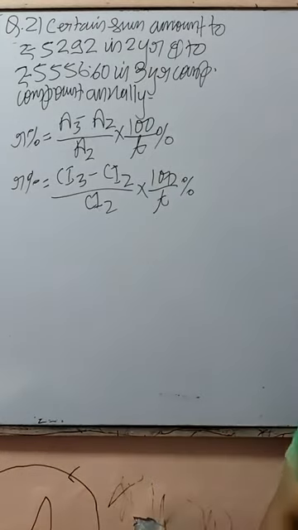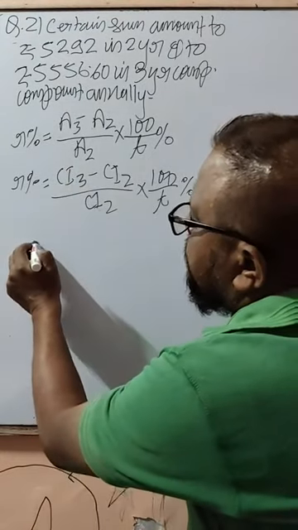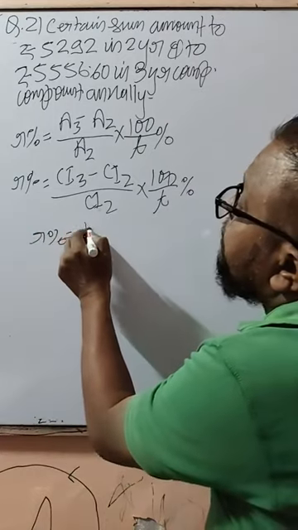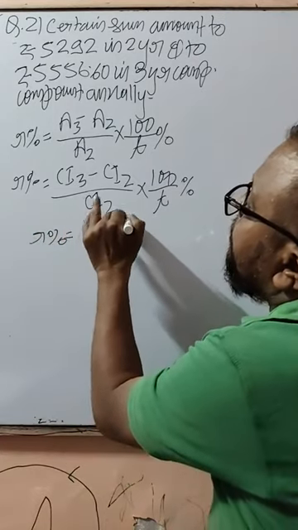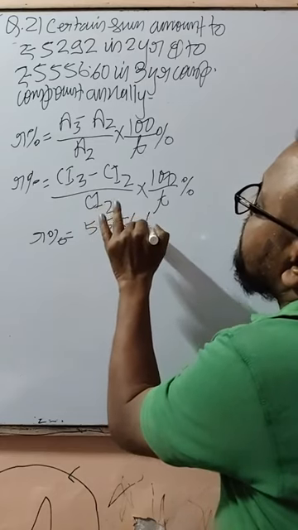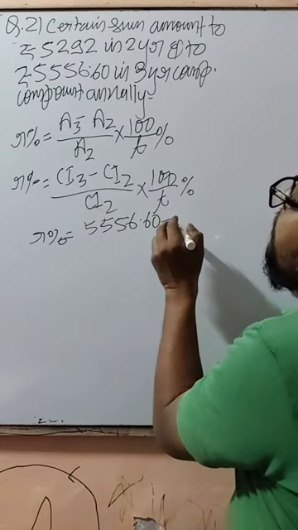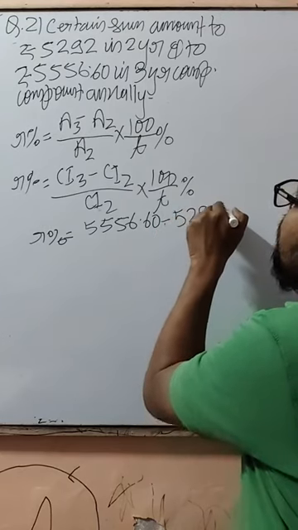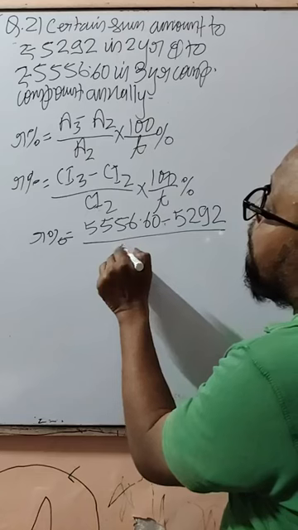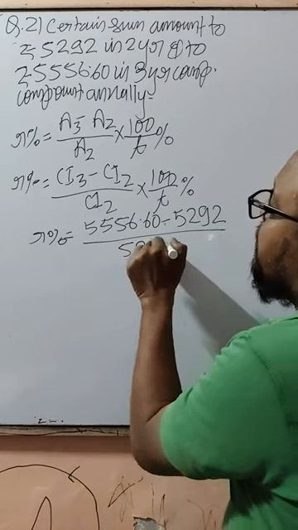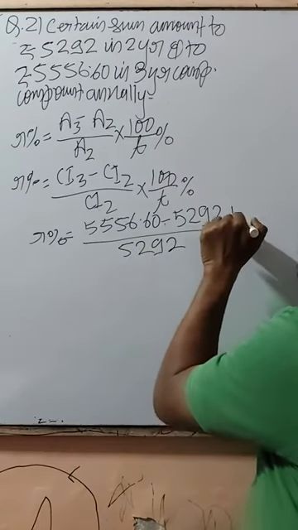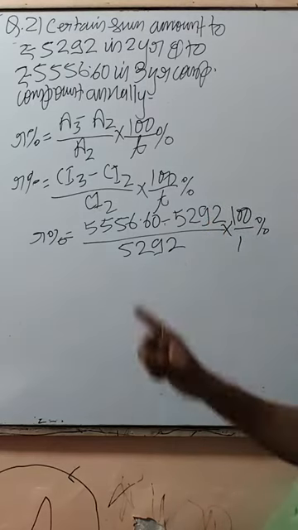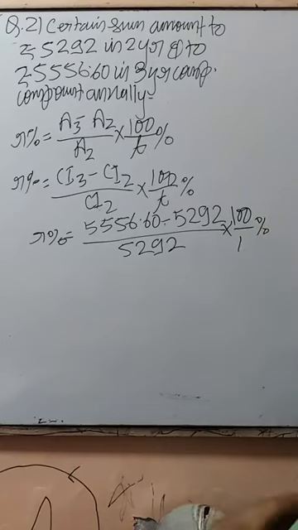So rate of interest is equal to 5,556.60 minus 5,292 upon 5,292 into 100 upon 1%. It is a 1 year difference, so time is 1.